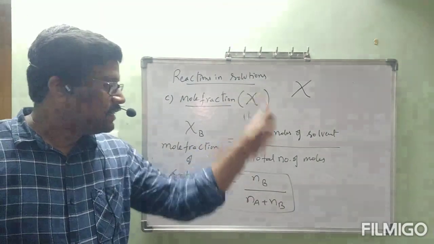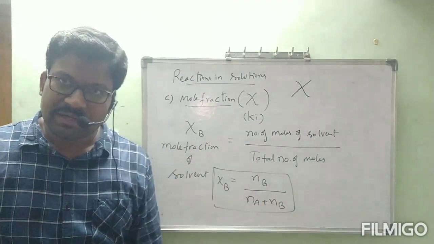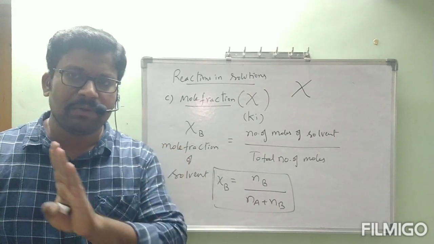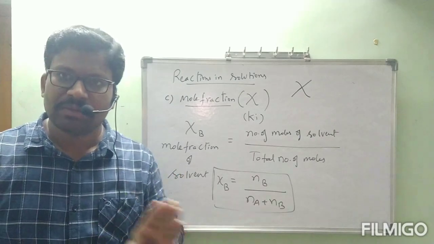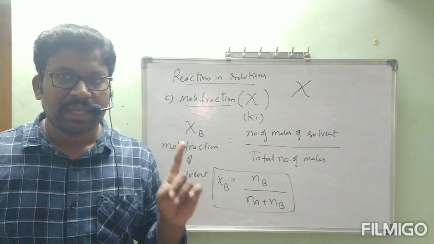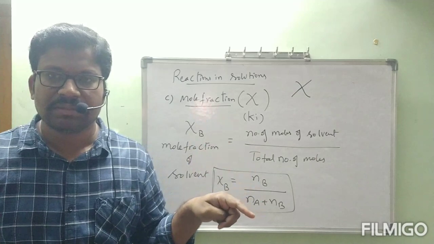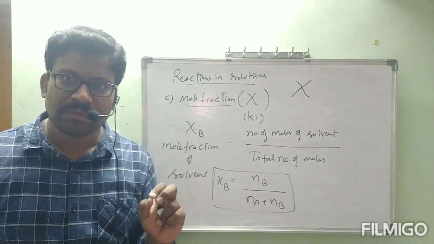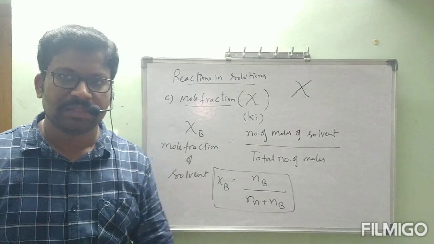Till now, the entire thing we discussed is related to two component solutions. We don't bother about three component or four component solutions, because even up to IIT Advanced they have given only two component solutions. Those two component solutions are called binary solutions.